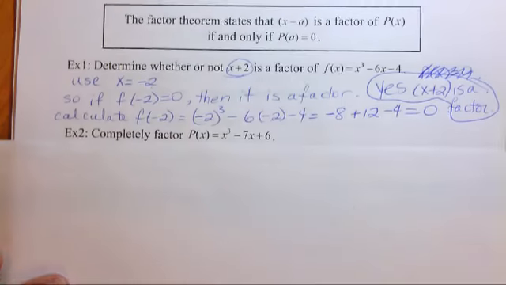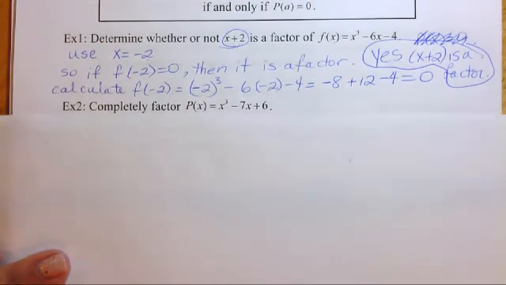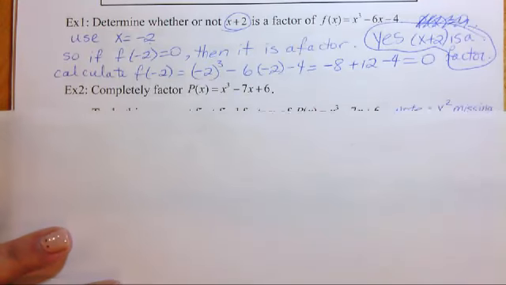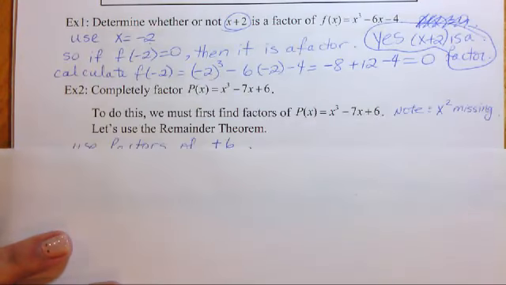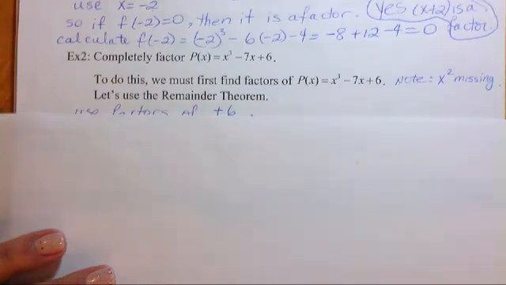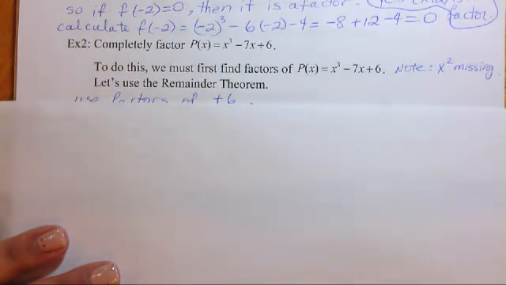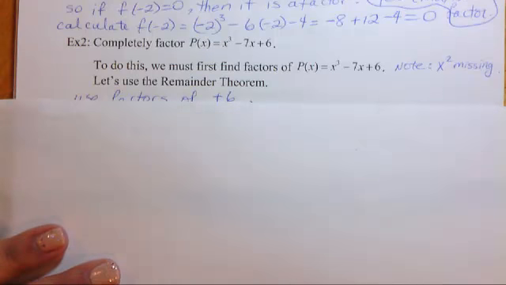Okay, now let's look at this question where it says completely factor p of x, x cubed minus 7x plus 6. Just as a side note, notice that the x squared term is missing. Okay, so you're aware of what you're looking at. To start us off, we're going to use the remainder theorem to decide, well, if the remainder is 0, then it means that it is a factor.